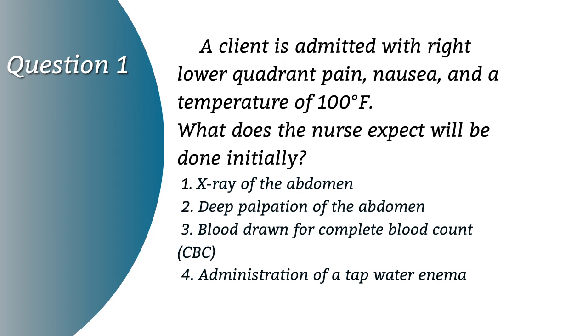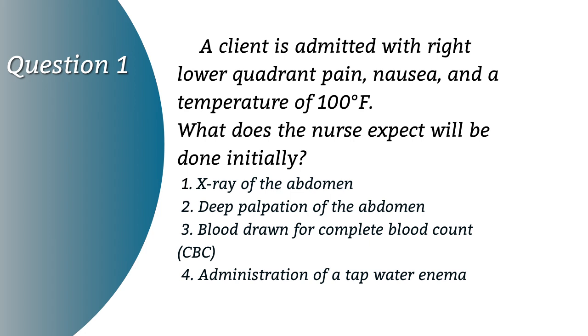Now, what we must understand here is that they need to do history taking, because the patient has manifested signs and symptoms of appendicitis. As medical personnel, you need to do assessment before anything at all. So from the signs and symptoms, there is a possibility of appendicitis. What do we need to do?